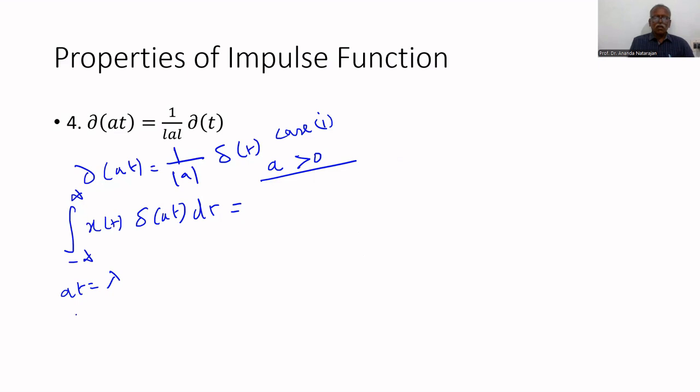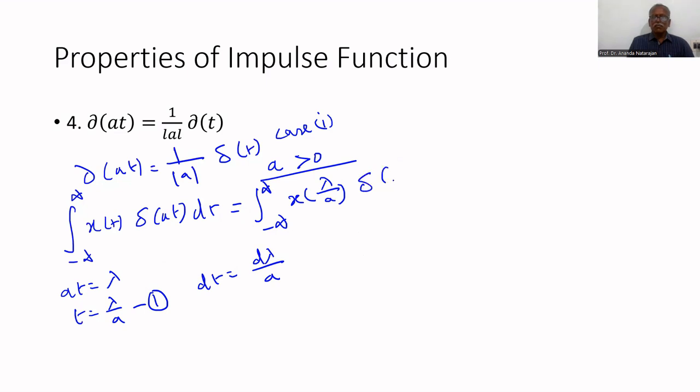Therefore, t equals lambda by a. Let it be 1. If you differentiate on both sides, dt equals d lambda divided by a, since a is constant. If you substitute all this here, what you will get is the integral from minus infinity to plus infinity of x(lambda by a) multiplied by δ(lambda), with dt equal to d lambda divided by a.